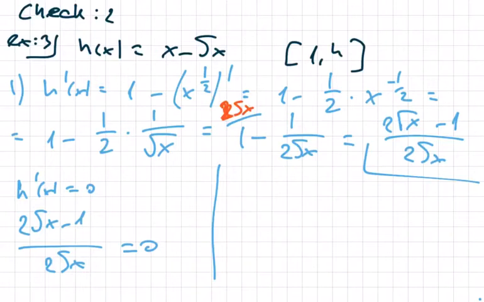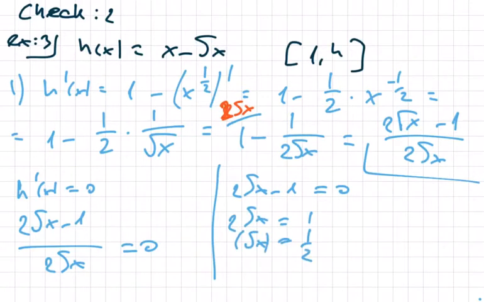It will be 2 root x minus 1 equal to 0, and 2 root x is equal to 1. Root x is equal to 1 over 2. Both sides take to the square, and we get x equal to 1 over 4. That's the first critical point.